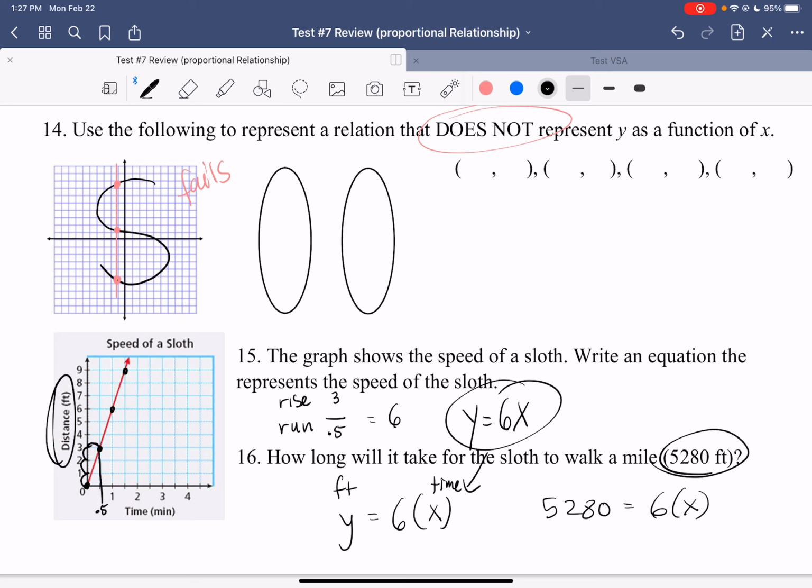Then to get x by itself, we divide both sides by 6. 6 divided by 6 is 1. And then we're left with x equals 5,280 divided by 6. That leaves us with 880 minutes for a sloth to walk a mile, which is a very long time. And that is the review.